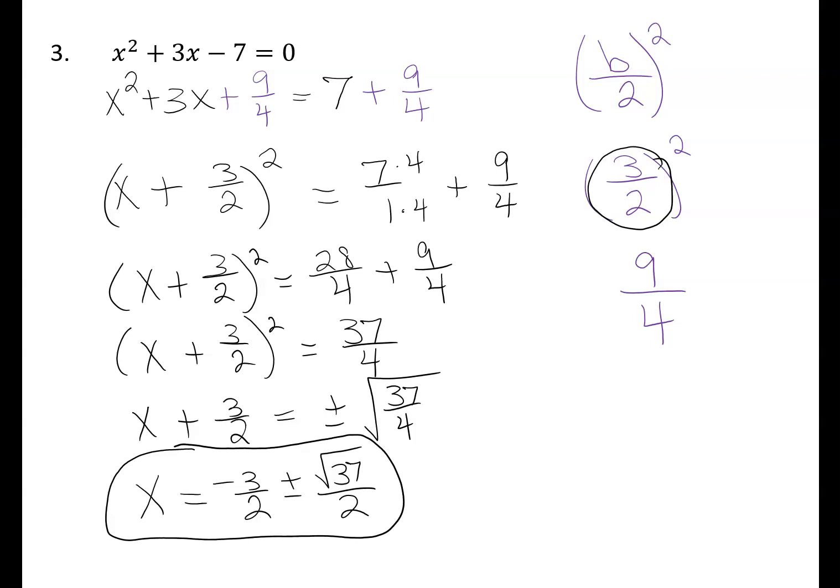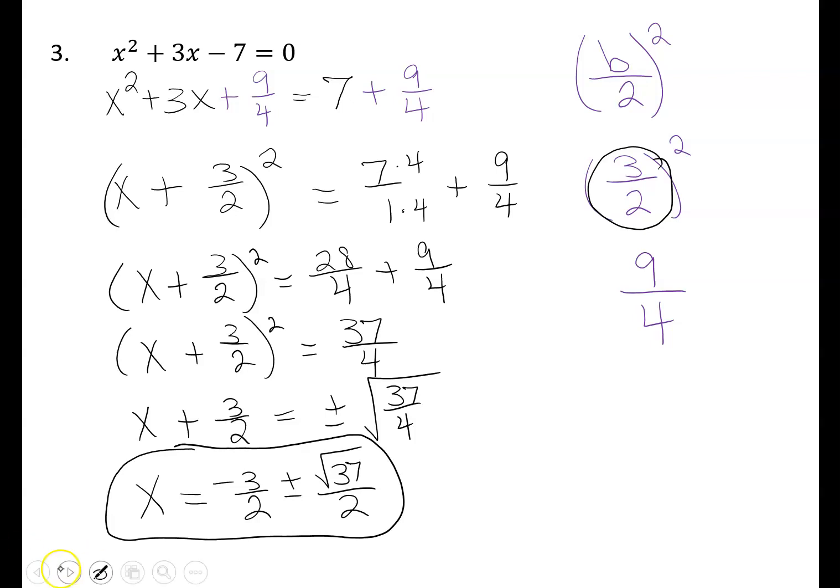Okay, so it's a little bit maybe more work when b is odd, but as long as you can do the fraction work, it has the same steps and should work out fine. Now, here in a little bit, we will talk about sometimes you'll be able to choose your method, and maybe when b is odd, you might not choose completing the square as the method you want to use.